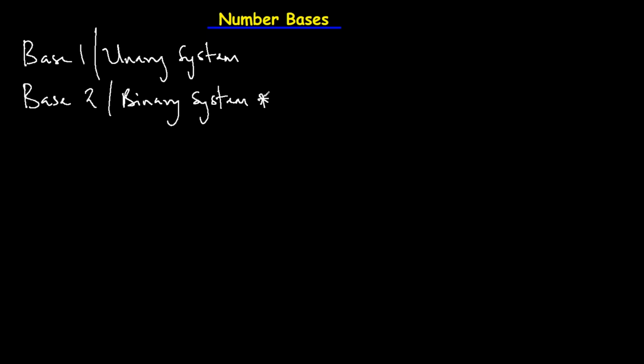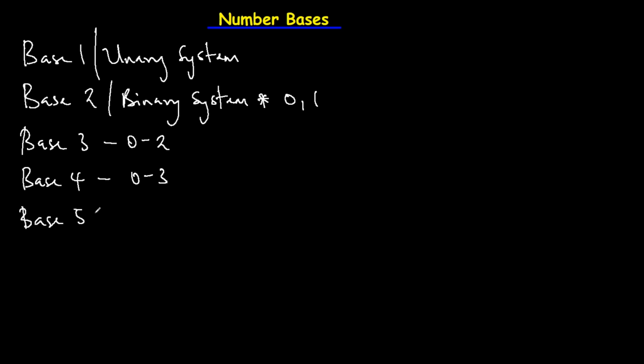The binary or the base 2 system uses just 2 digits, 0 and 1, to form numbers. Then we have the base 3 system, which uses digits 0 to 2 to form numbers. Then we have the base 4 system, which uses digits 0 to 3 to form numbers. Next, we have the base 5 system, which uses digits 0 to 4 to form numbers.